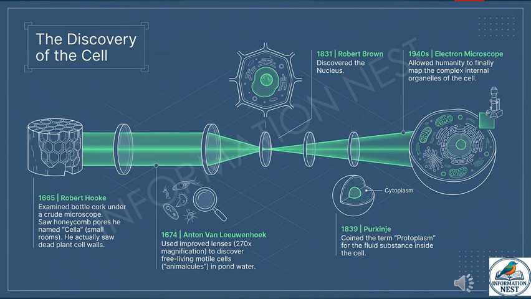We went from seeing empty rooms to seeing the complex, chaotic city that lives inside you. This isn't just history, it's the ultimate zoom in challenge. If you were Robert Hooke and saw those tiny rooms for the first time, what would you have named them?